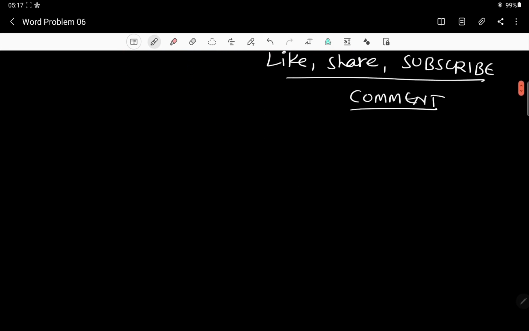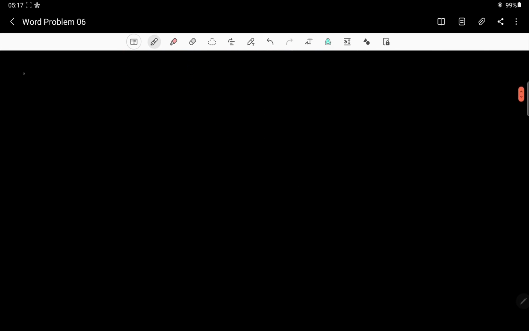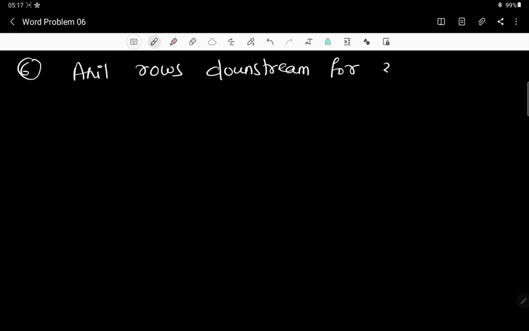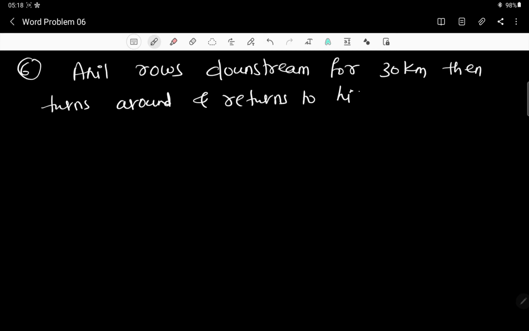All right, so let's get into the sixth question. Write down this question: Anil rows downstream. You understand the meaning of downstream? Downstream means along with the water. Downstream for 30 kilometers, then turns around and returns to his original position.